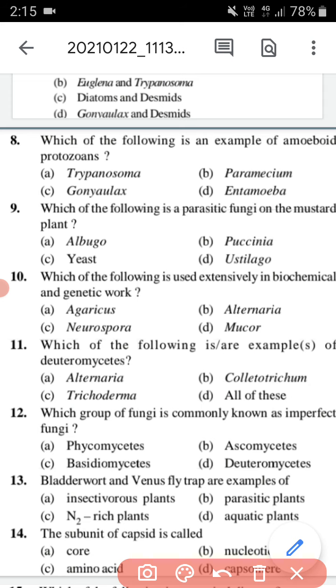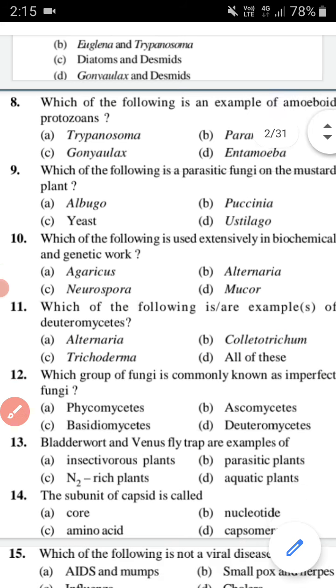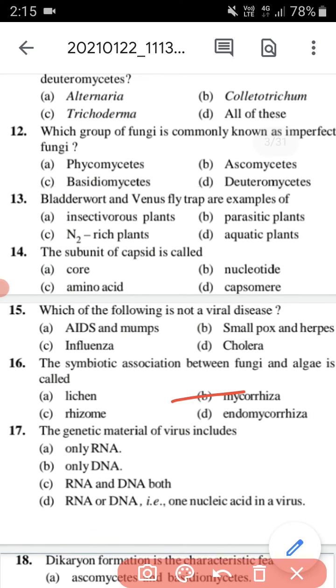So option D is correct. Now we move to question number 12. Okay. So question number 12 is, which group of fungi is commonly known as imperfect fungi? So this is basically deuteromycetes. Okay. Option D is correct.